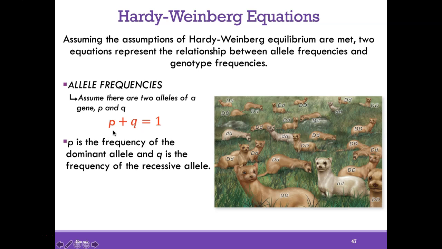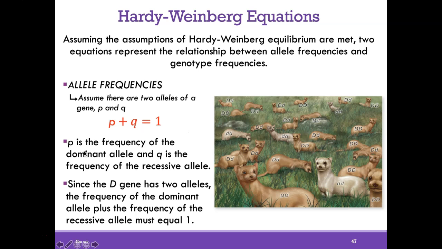Assuming there's a dominant allele and a recessive allele, we always say P is the frequency of the dominant allele. Q is the frequency of the recessive allele. And P plus Q always equals 1. So since the D gene has 2 alleles, big D and little d, the frequency of the dominant allele plus the frequency of the recessive allele must equal 1.